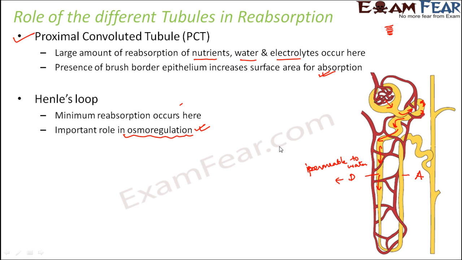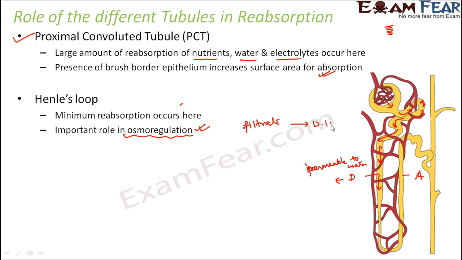So as the filtrate moves down the descending loop, what will happen? Water tends to move from the filtrate to the outside. So the filtrate tends to become more concentrated, because anything which loses more water will become more concentrated.